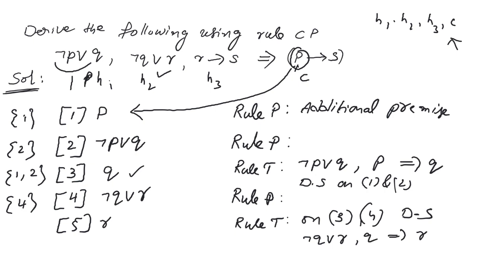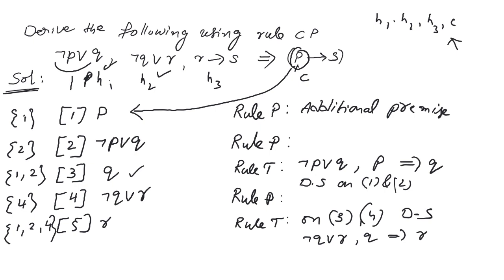So the fifth step is the logical consequence of steps three and four. To the left of bracket three, the set is 1, 2, and to the left of bracket four, this is set 4. That means the fifth step is the logical consequence of steps 1, 2, 4. If any mistake is committed by me at steps 1, 2, 4, it will be carried here also. That is why I'm listing out the logical consequence sets to the left of these brackets. Now, I have used premise negation P or Q, negation Q or R also.